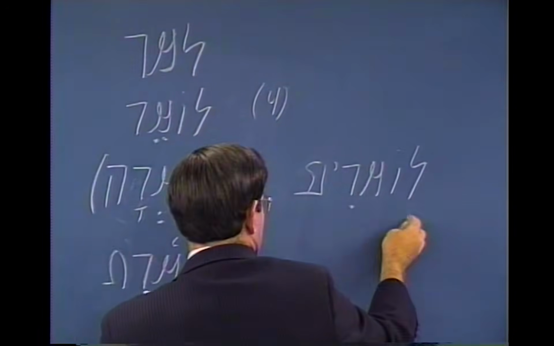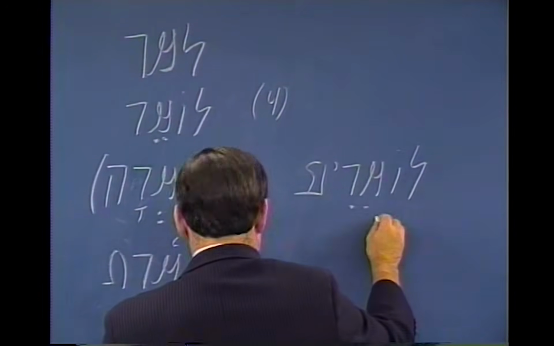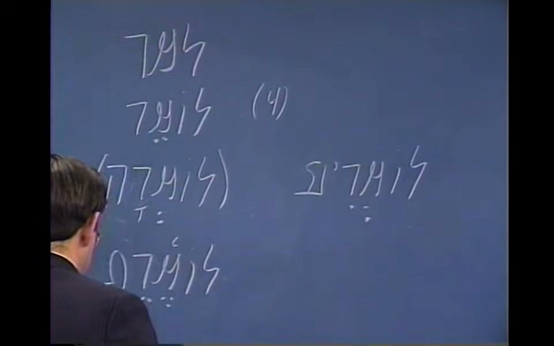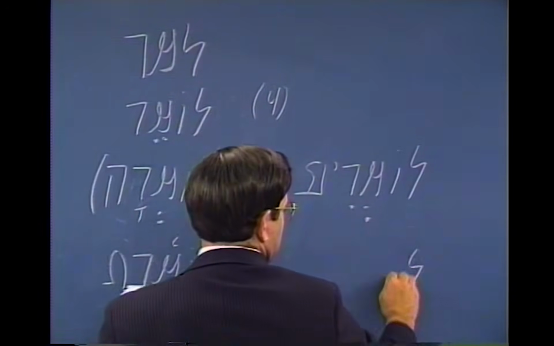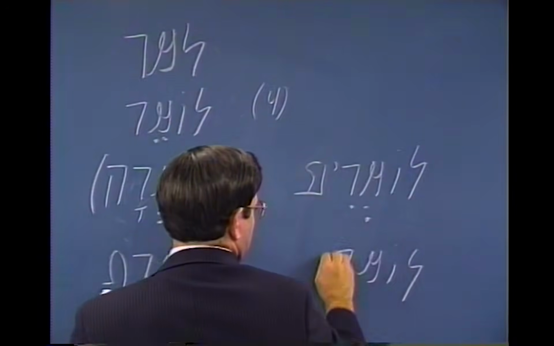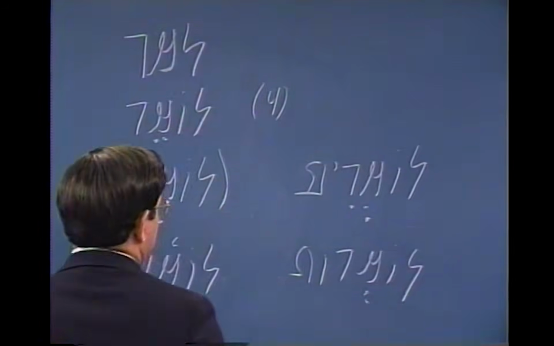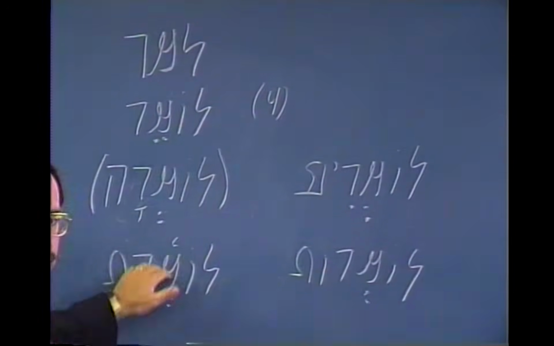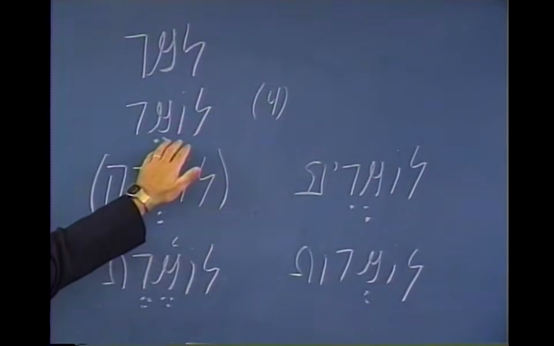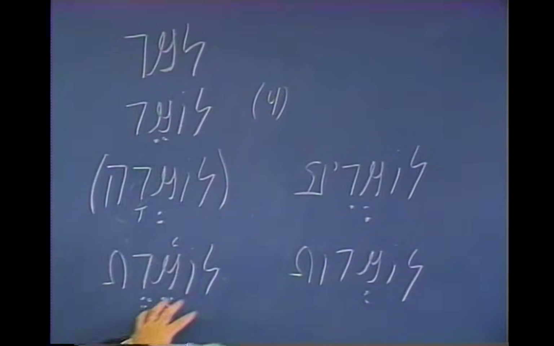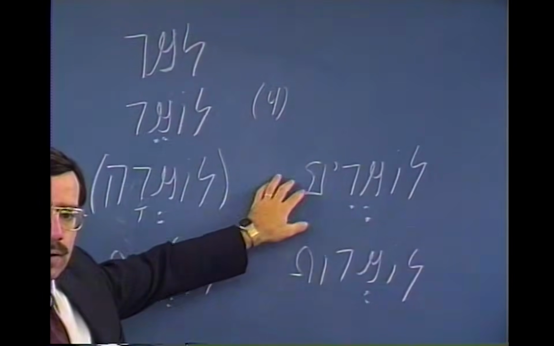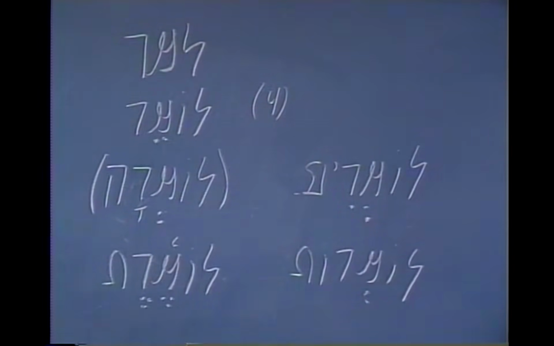It would go lo-madim, like that, with the shewa underneath the mem. And then to do the same thing, making it feminine plural, lo-medot, just like that. So basically, what we're looking at is 1, 2, 3, 4. The masculine singular, he is learning, she is learning, they men are learning, they women are learning. Okay, those 4 forms are the things that you need to learn.